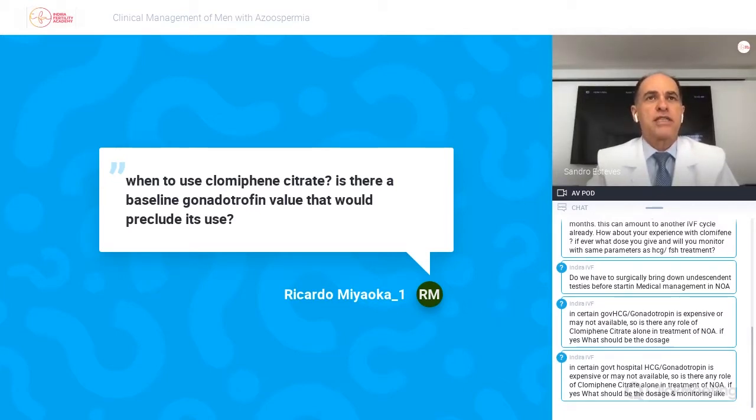So if you decide to use clomiphene citrate, which I don't like very much, because it's also associated with more side effects, you need to monitor the endocrine profile very closely, because in patients with testicles which are not very small, you might trespass the ceiling level.